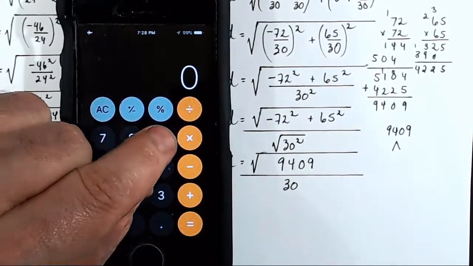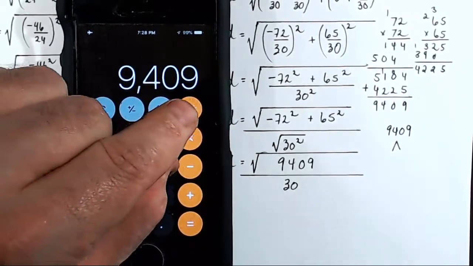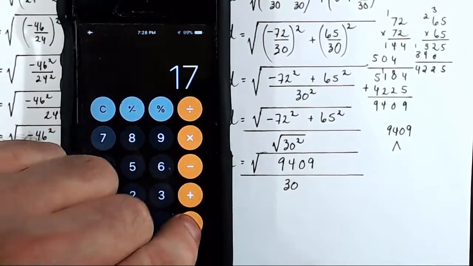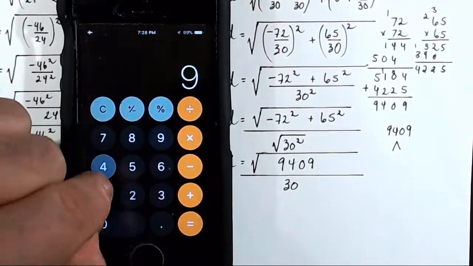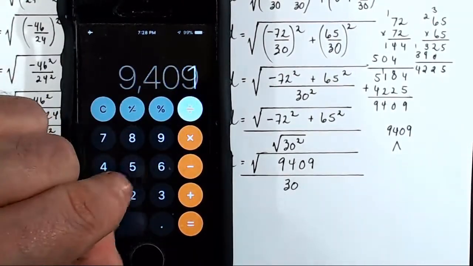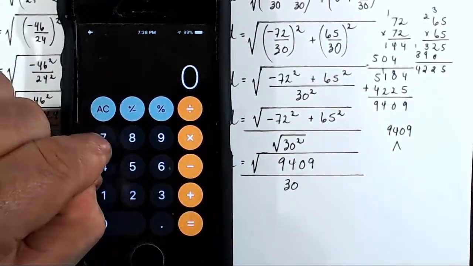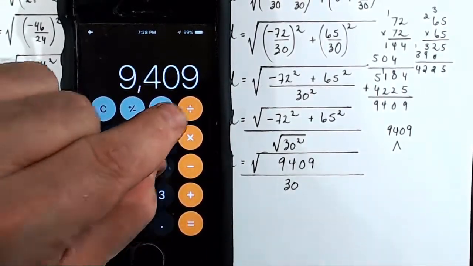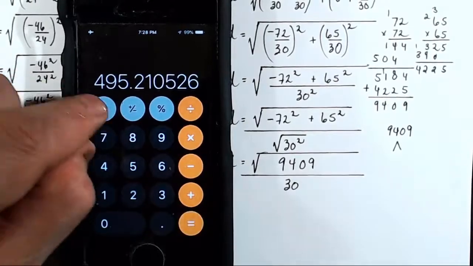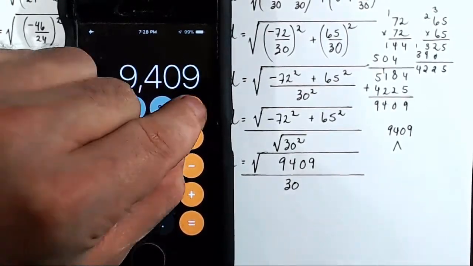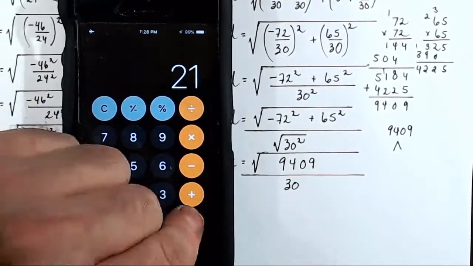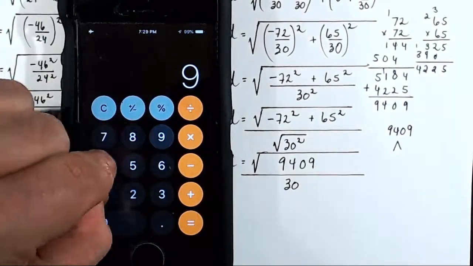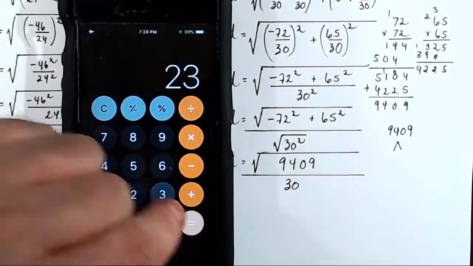No. 9409 divided by 17. No. 9409 divided by 16. No. 9409 divided by 19. No. 9409 divided by 21. No. 9409 divided by 23. No.